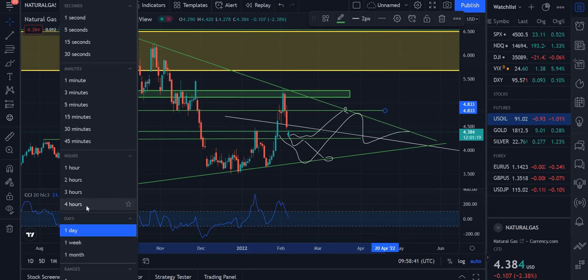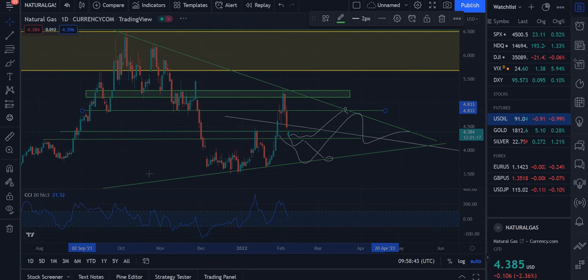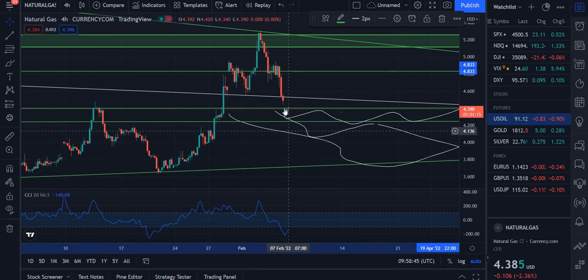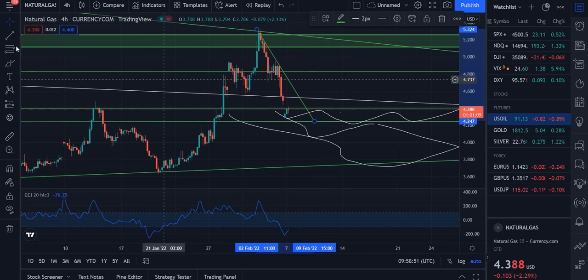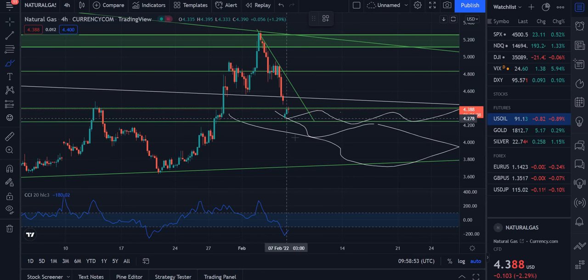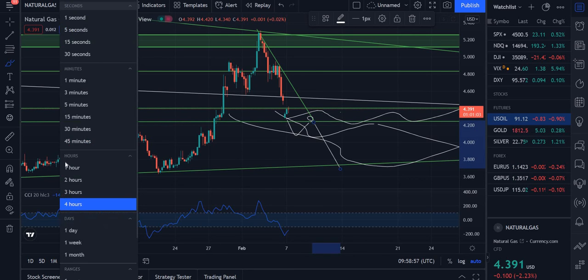So usually I don't like this middle trade too much, but possible options are here. Again, looking for a trend line after a break below here and then the retest. Shorting down, checking the 1-hour chart.